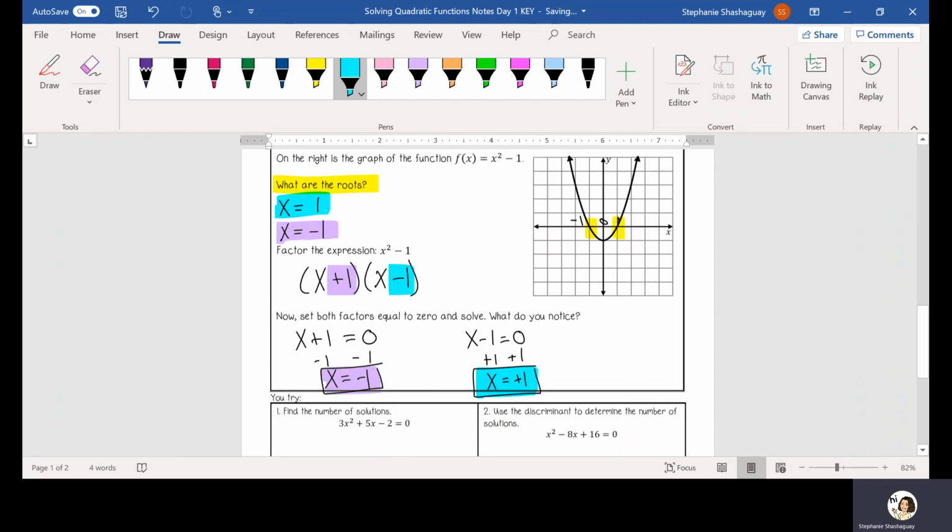Okay, so what do you notice? Well, if I factor it, or if I look at the graph, I know that I'm going to end up with the same solutions, right? So when I solved, I got the roots as my answer.